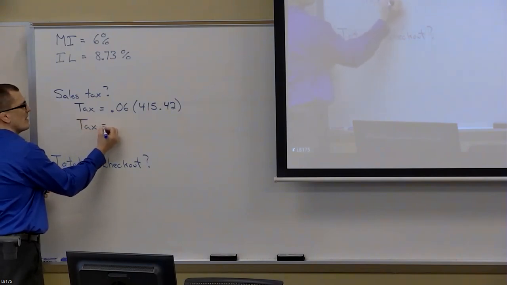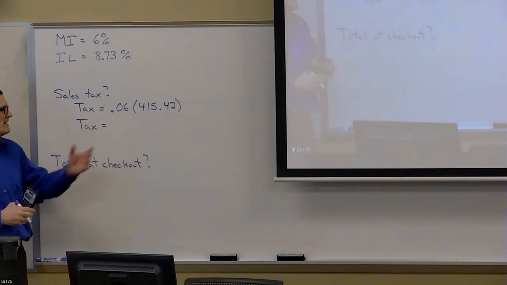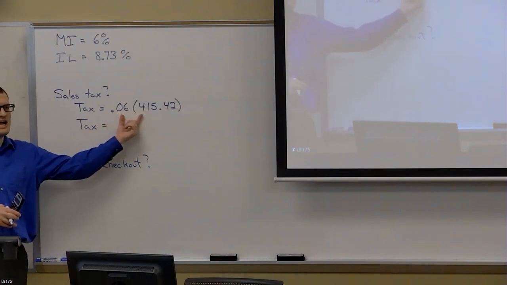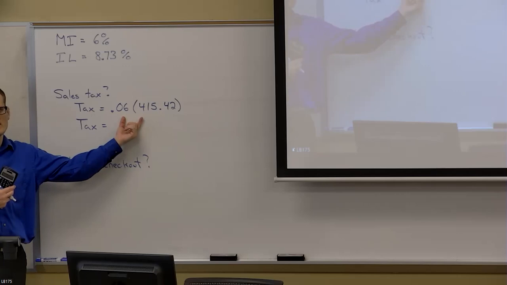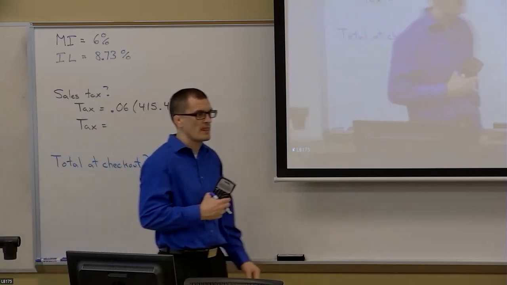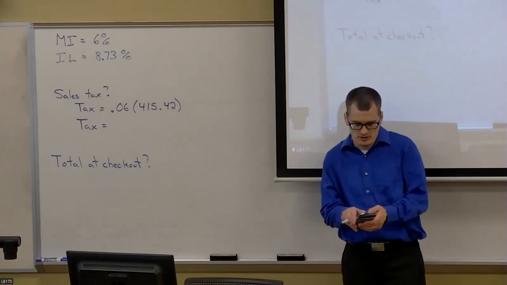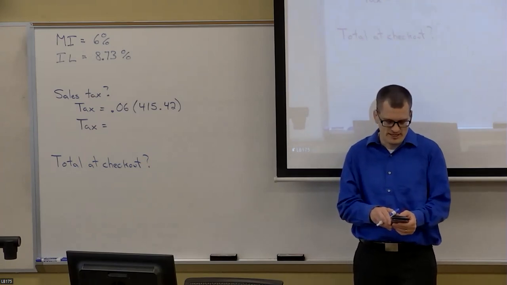Now, if you notice, when you multiply these two, you got a decimal that went out to 4 spots. Everybody get that? In practicality, if you go into a store, they can't charge you $24.9252, right?